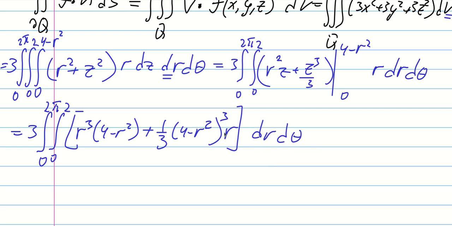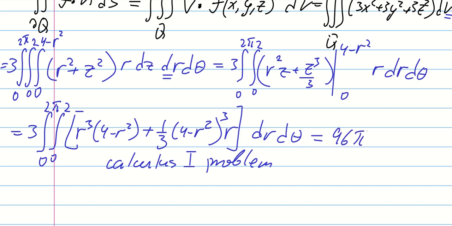But then it's just a normal calculus problem, maybe even a calculus 1 problem here. This is a relatively easy integral. So I'm not going to do that, but if you actually go through the procedure, you're going to get 96 pi. I used wxMaxima to do that, but again, it's doable by hand.